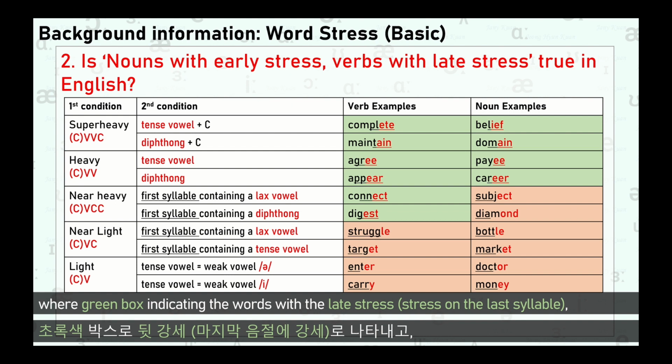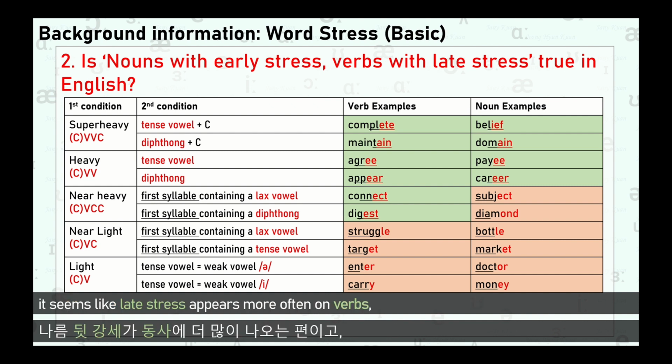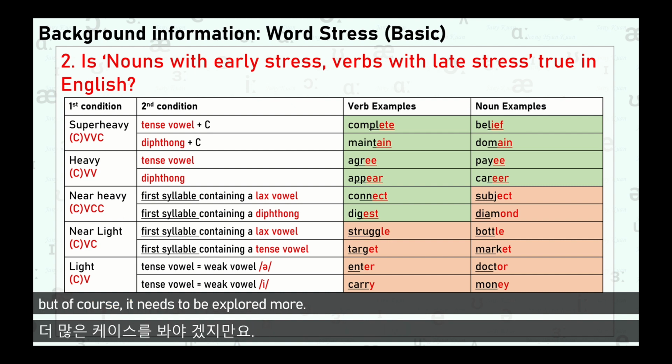With the green box indicating the words with the late stress, stress on the last syllable, and the orange box indicating the words with the early stress, stress on the first syllable, it seems like late stress appears more often on verbs, and early stress appears more often on nouns. But of course, it needs to be explored more.